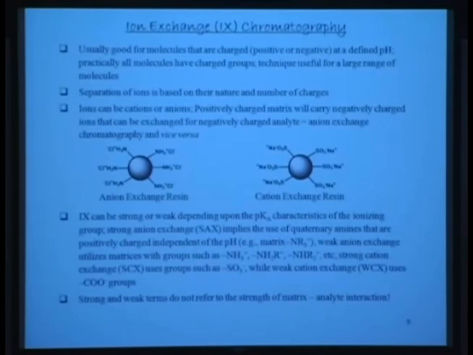Okay, what's new here? The only thing that is new here is strong anion exchange versus weak anion exchange. Strong anion exchange essentially means that the matrix has a positive charge at all pHs. So this is quaternized, has a positive charge at all pH. Weak anion exchange essentially means that this positive charge can be varied with pH.